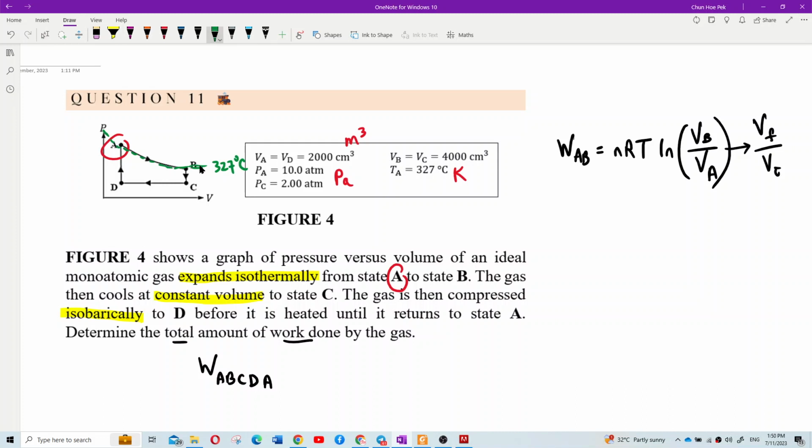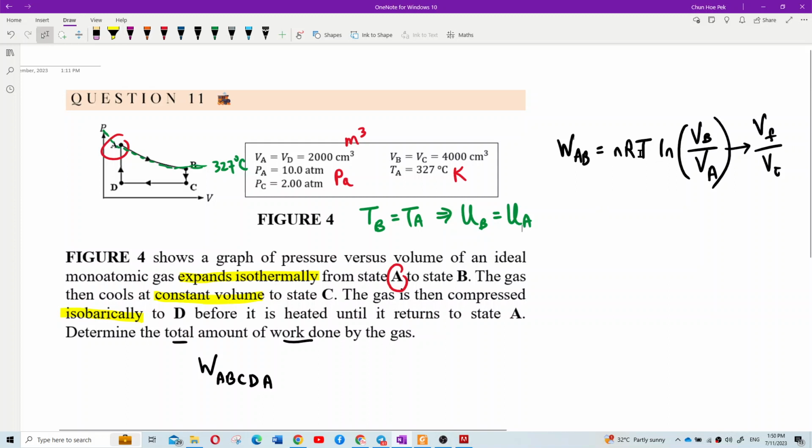What I can say is, class, temperature at B is the same as temperature at A. Also, internal energy of B is the same as internal energy of A. Do you know that, class? They have the same internal energy, point B and point A, because they have the same temperature. If they have the same temperature, means both of them have the same internal energy. This is concept. Yeah.